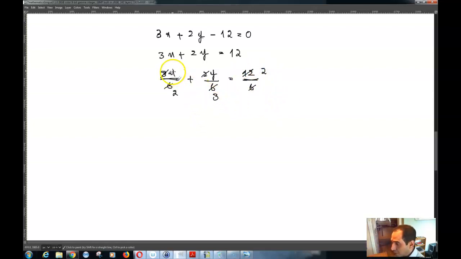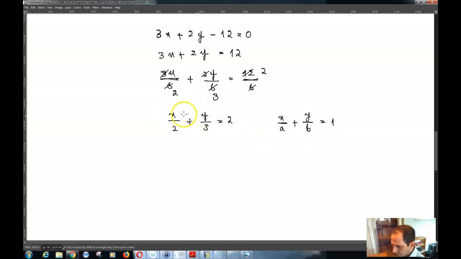And so you have x divided by 2 plus y divided by 3 is equal to 2. Now you want to make this a 1, because your equation has to be in the form x divided by a plus y divided by b is equal to 1.